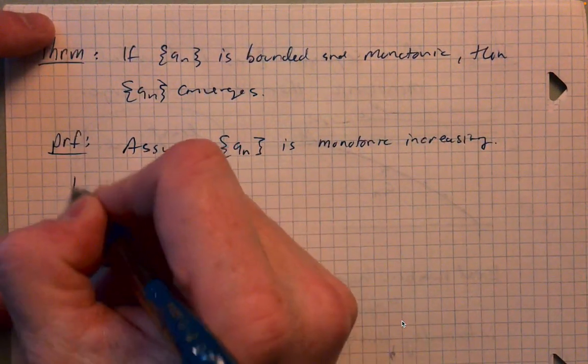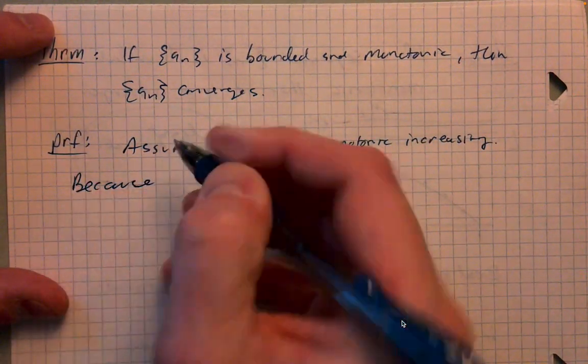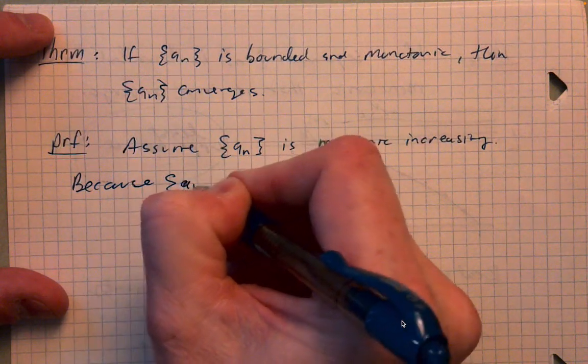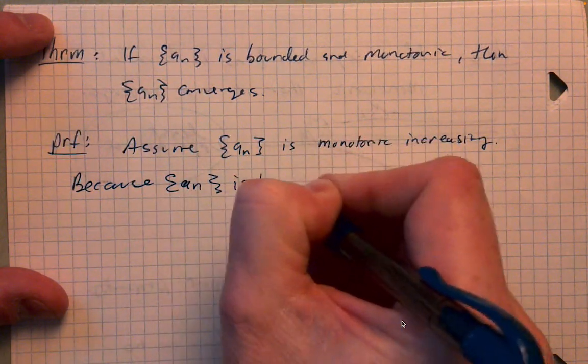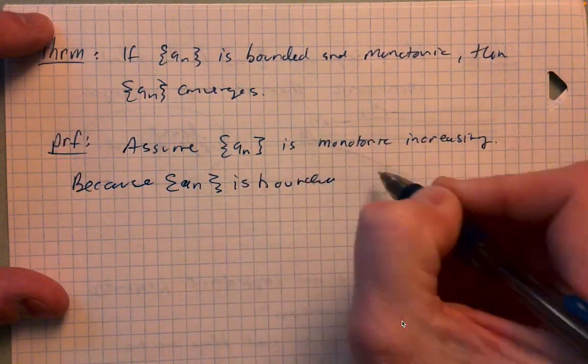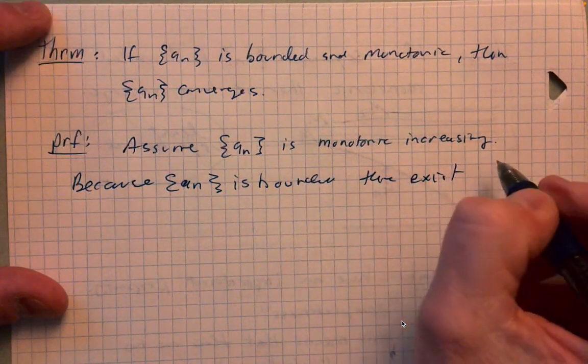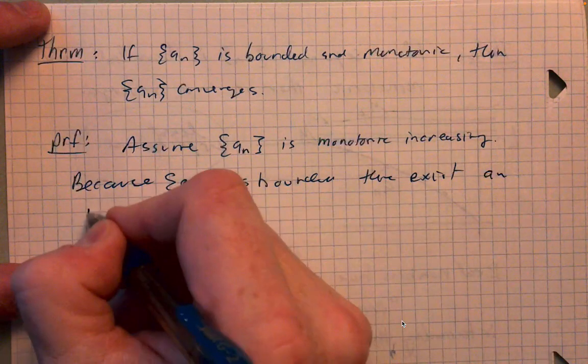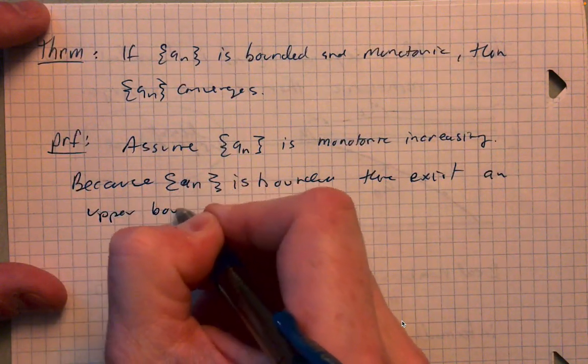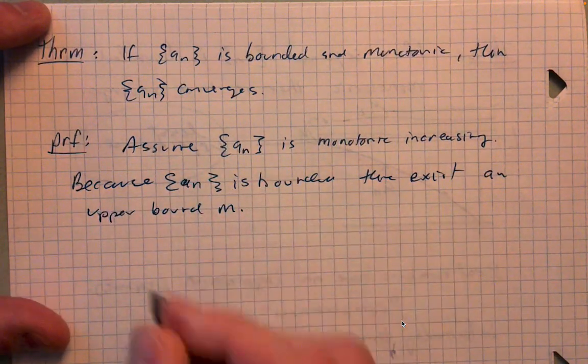Okay, so because a_n is bounded, there exists an upper bound M. What does that mean?